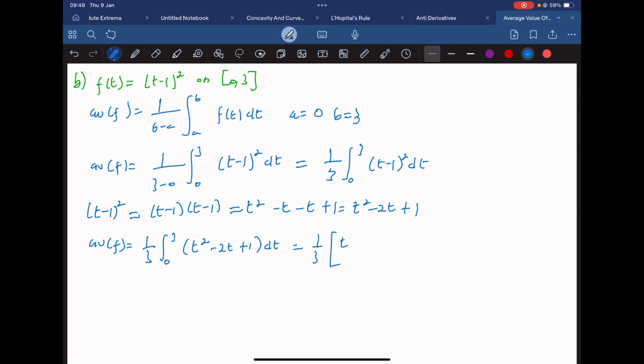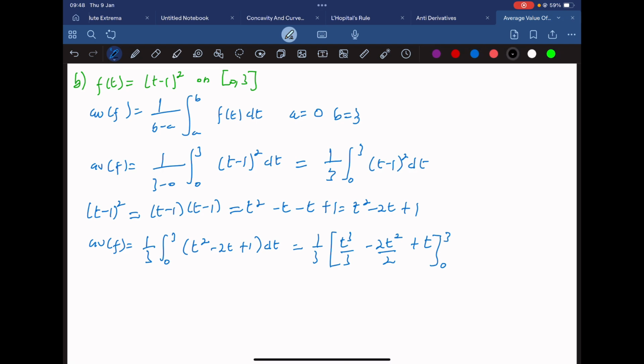So in this case, we have t cubed over 3 minus 2t squared over 2. Then if you integrate a constant, you get the variable you are integrating with respect to, so in this case we have just t. And we bring in our bounds.